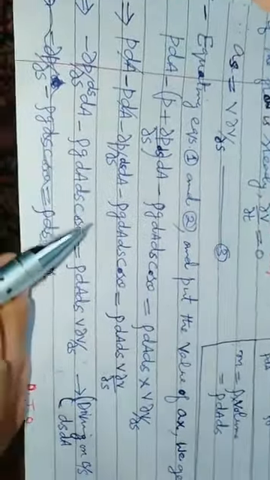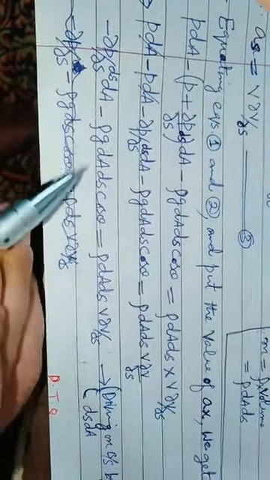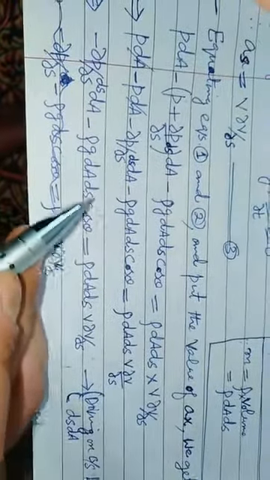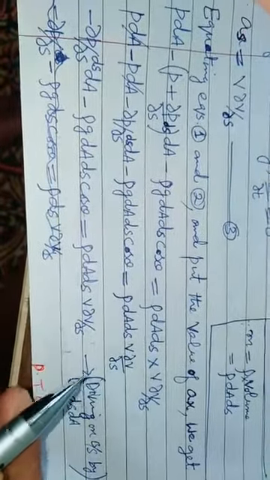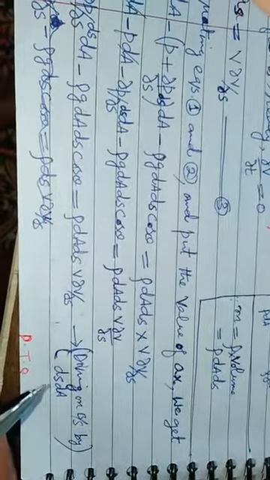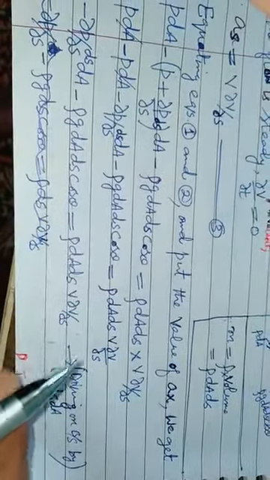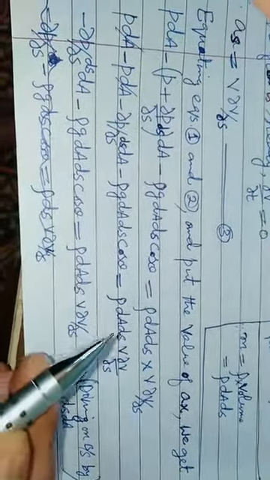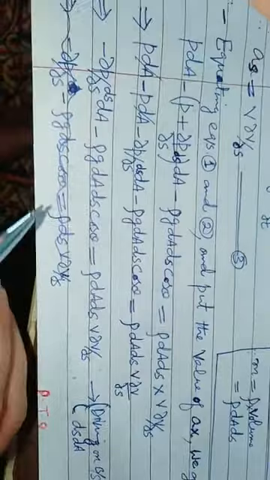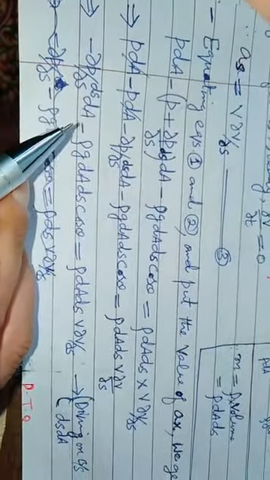After simplifying and dividing both sides of the equation by ds dA, the reduced equation will be like this.